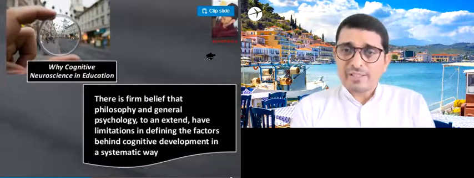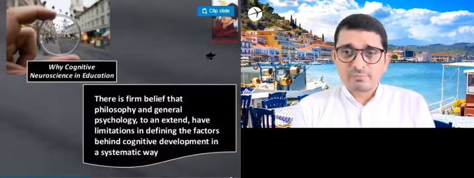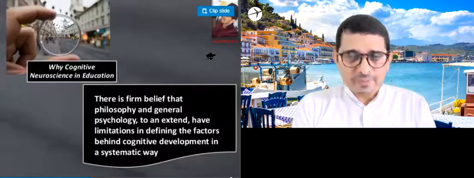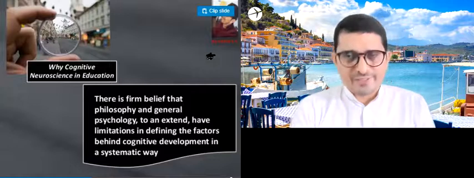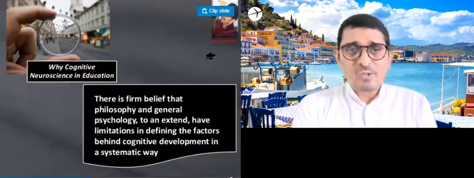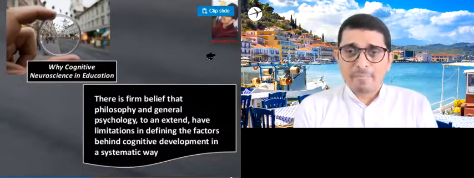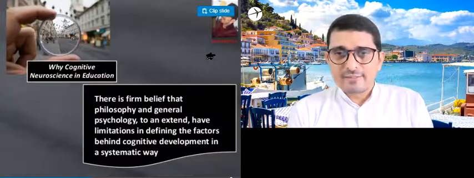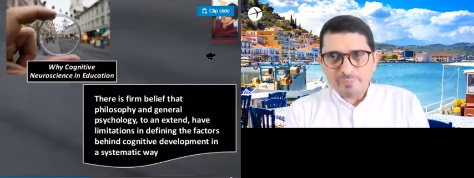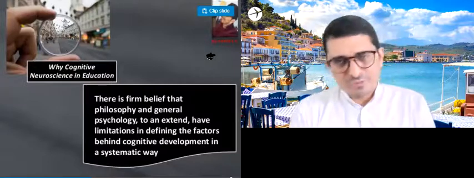So people have started thinking about something better, something more systematic, something more scientific. And cognitive neuroscience is the point where people have reached finally.